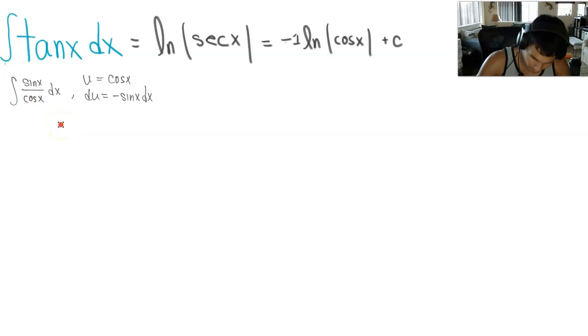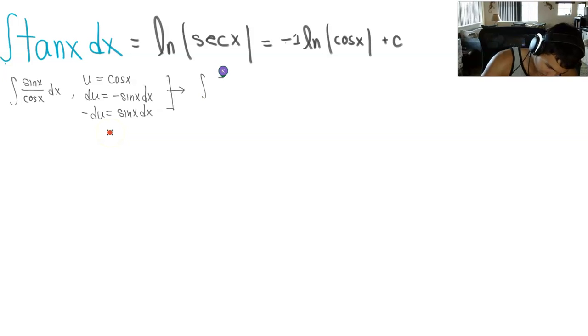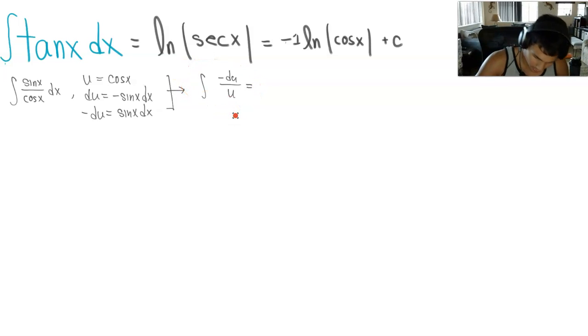So now if we rewrite our integral, and let me write this as negative du equal to positive sine x dx. Okay, so if we use all of this, then we can rewrite our integral as what? We can rewrite it as negative du over u. And you know that this integral is just going to be negative ln u.